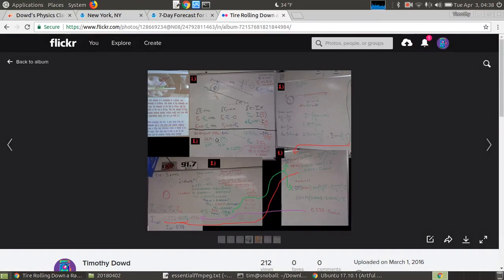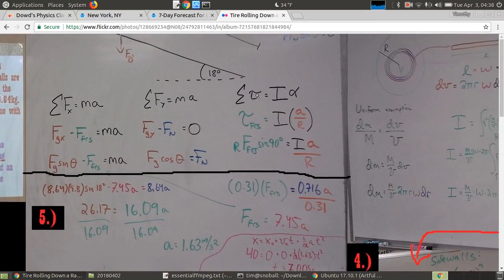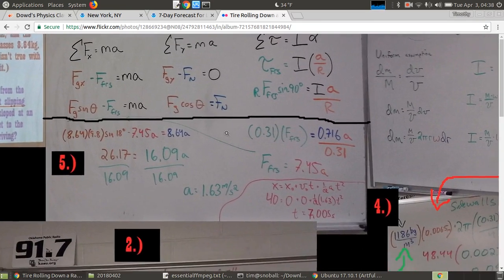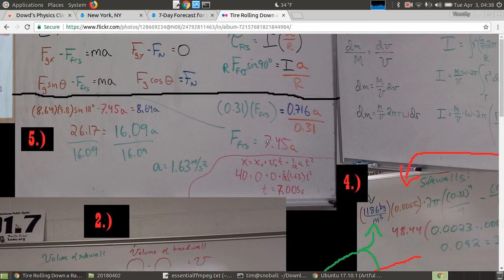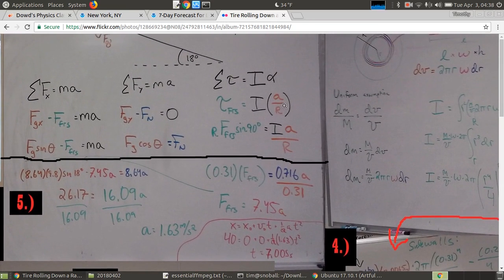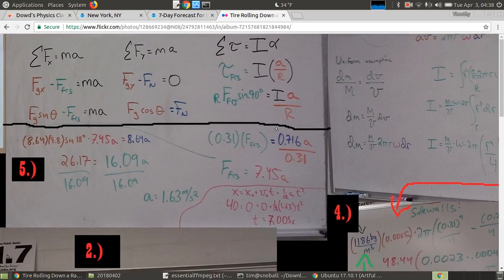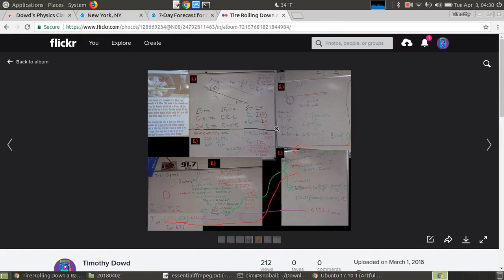Once all that work is done, then you just plug into your torque equation and your force equations, and you get an acceleration. Remember, you relate angular acceleration to regular acceleration using a equals R alpha. So, another one worth studying.